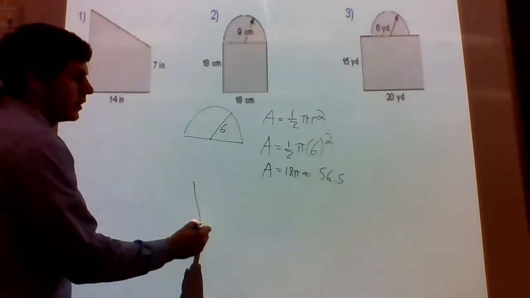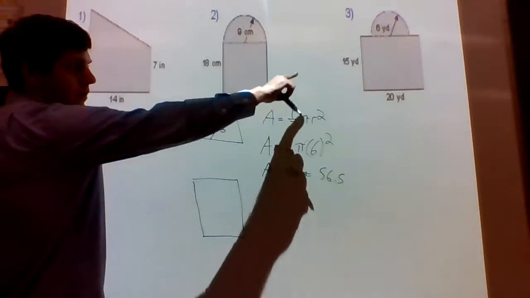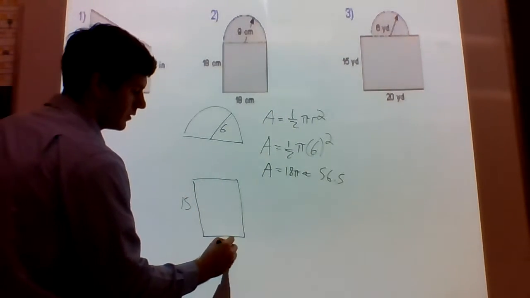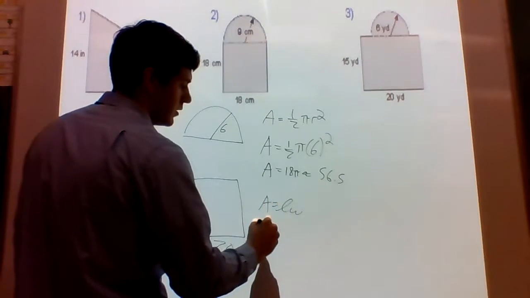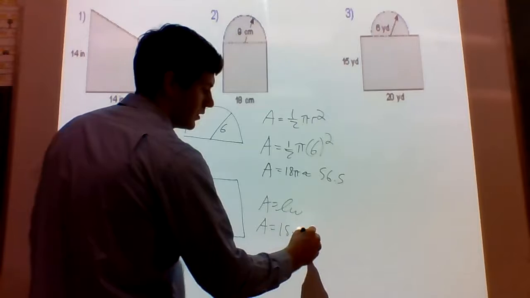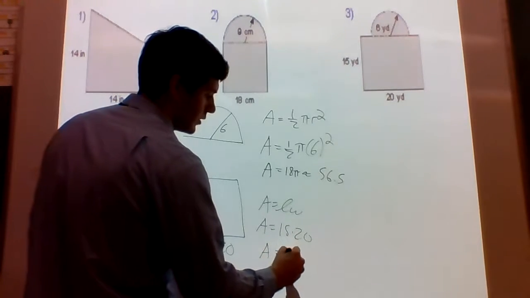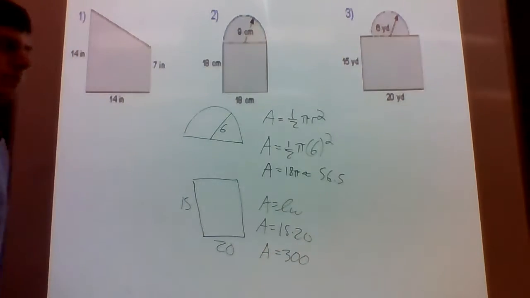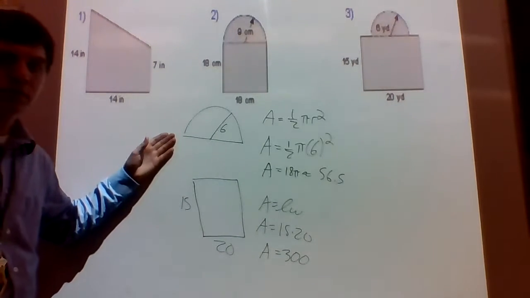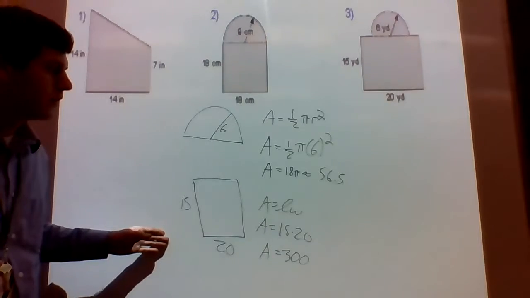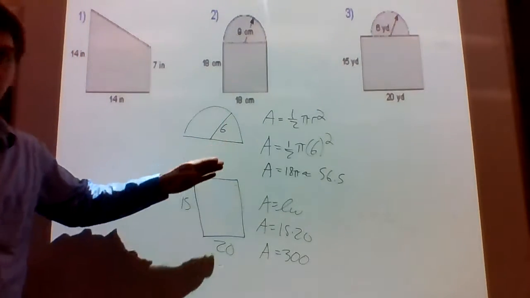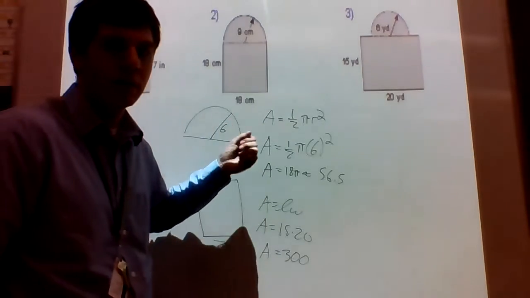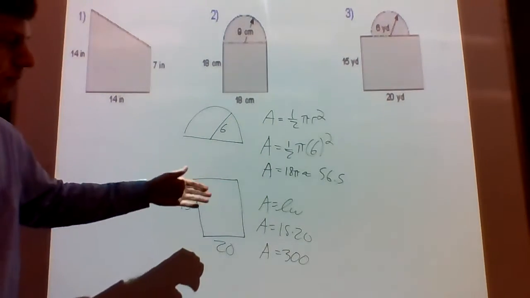Then we can do the area of the rectangle. The dimensions are 15 by 20. So our area is going to be length times width. So it's going to be 15 times 20, which is going to be 300. Right, so step 1, identify what we have. We have a semicircle, a half circle, and a rectangle. Step 2 is find the area. So we find the area of the half circle by taking half the area of what the full circle would be.